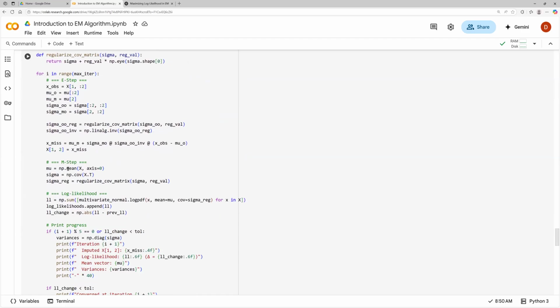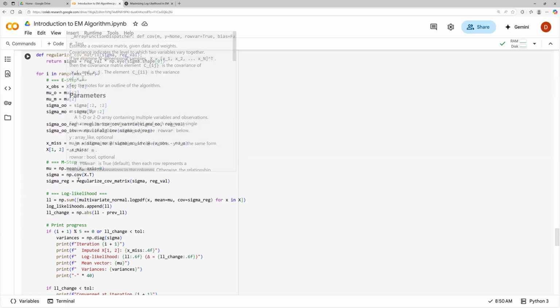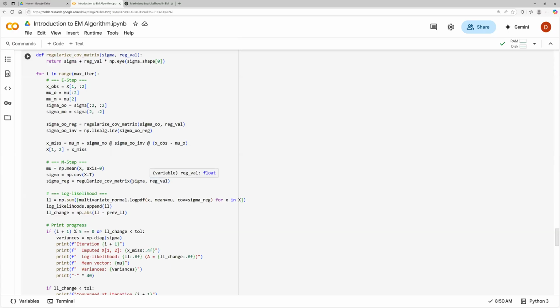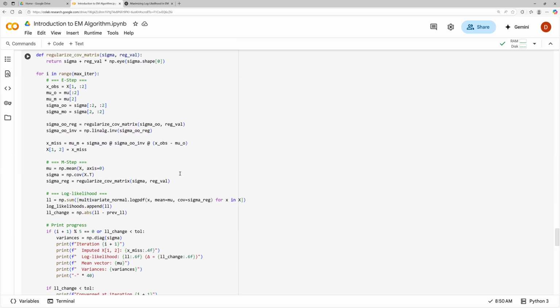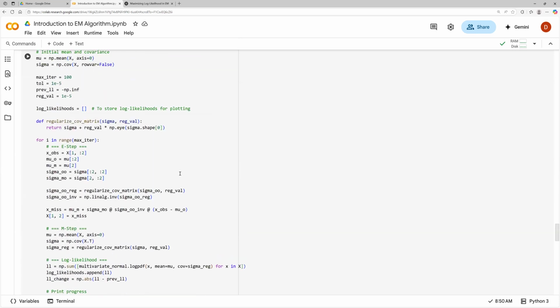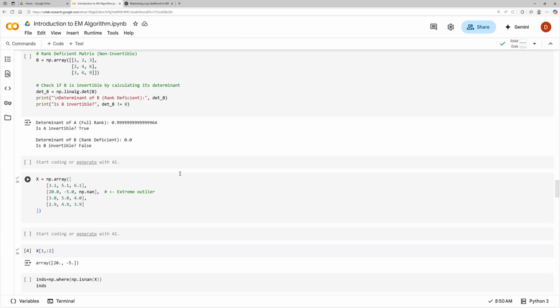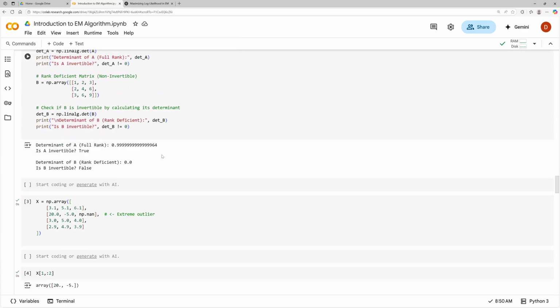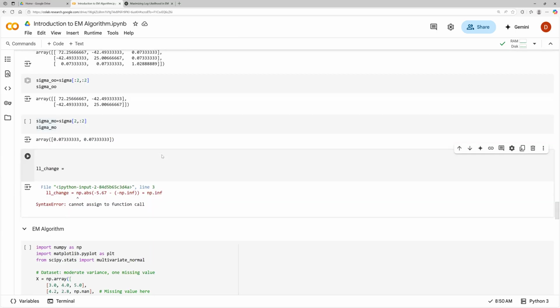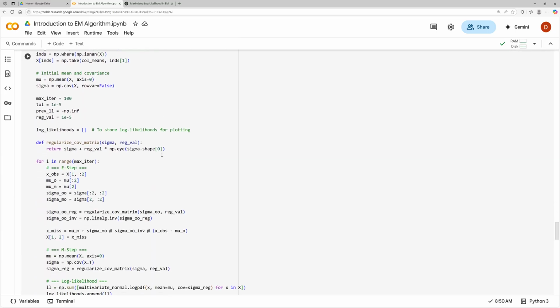And here's the M step. So we take the sigma, the covariance matrix, we regularize the matrix again, and the log likelihood. So remember when I mentioned that xi, this thing, that's what we're basically doing when we do a loop for the likelihood.